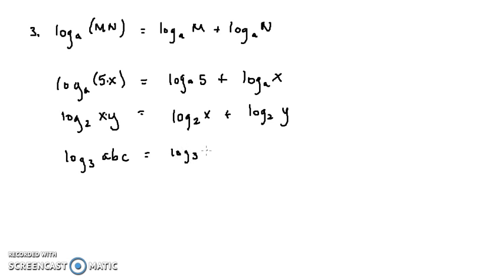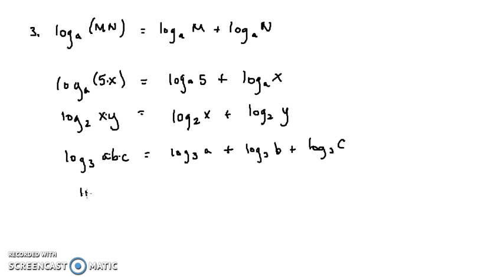I'd get log base 3 of a plus log base 3 of b plus log base 3 of c. If you don't break them up in one step, you would do it in 2 steps and you'd get the same answer. So that's how our third property works.